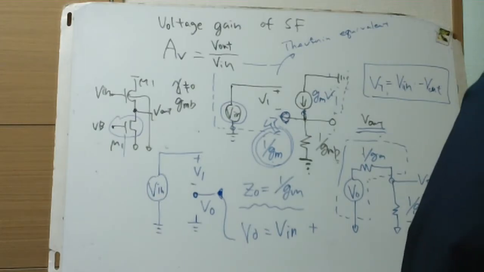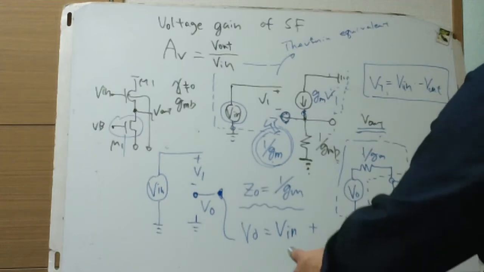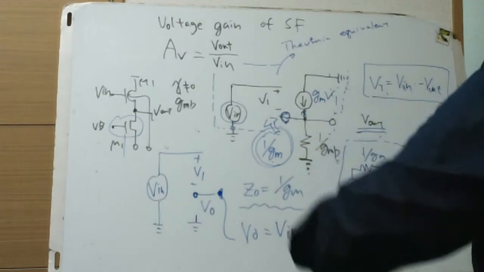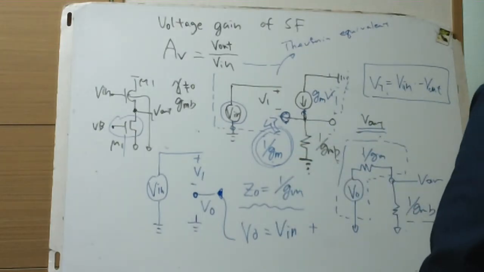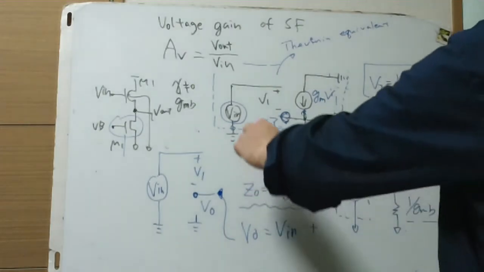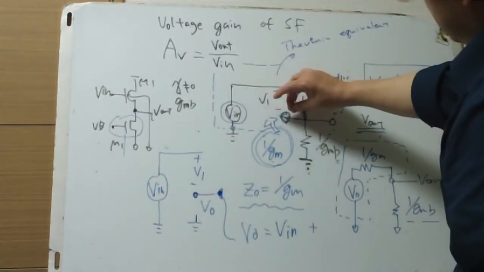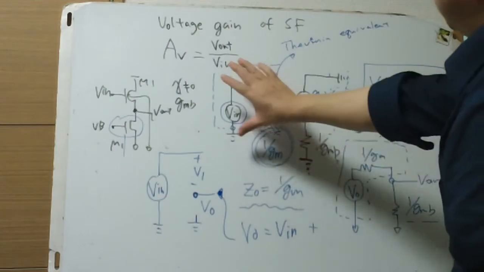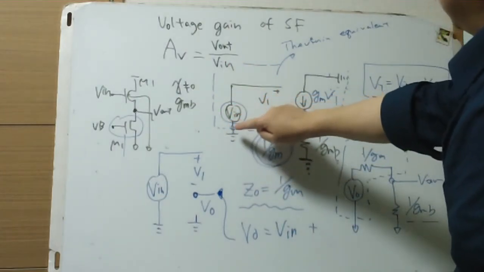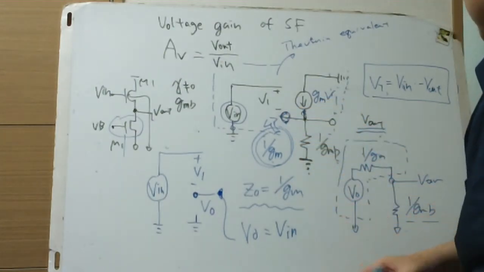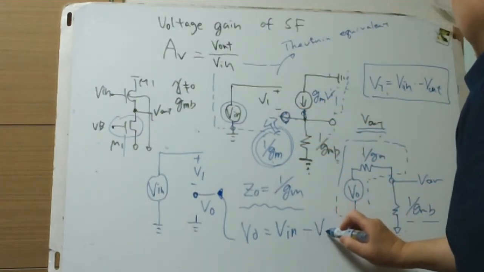When V1 is AC grounded, shorted, this is Vin plus V1 minus V1. When this is shorted, this is Vin. This is ground, and this is minus V1. So this is minus V1.